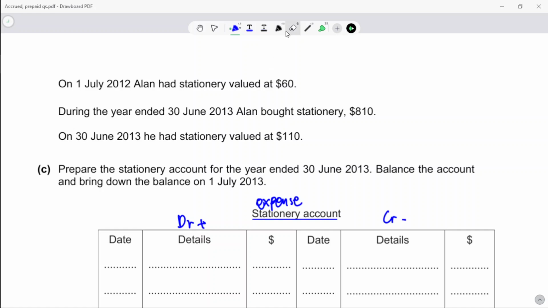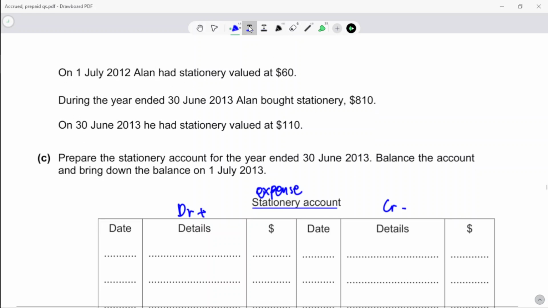He says on 1 July he had stationery, so the first day is a balance BD. Just remember the stationery expense is a debit balance.